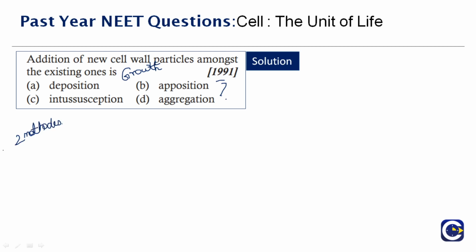So what are the 2 methods? One is intussusception, which is option C, and the other method is apposition. But the correct answer is intussusception because we are asking about the addition of new cell wall particles amongst the existing ones. Therefore the option D is the right answer.